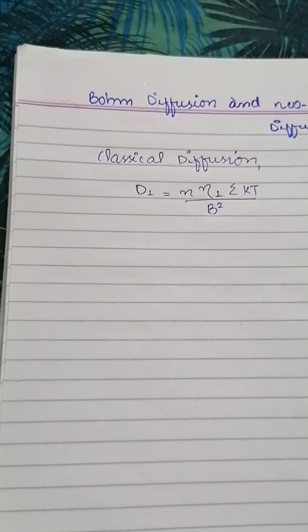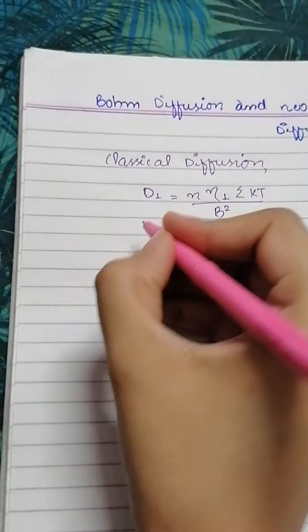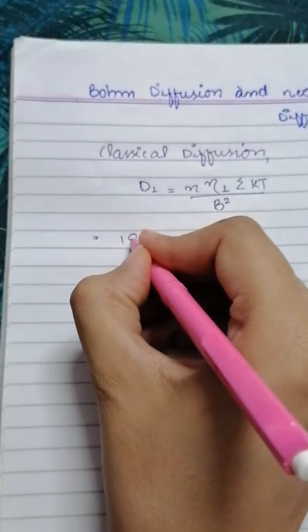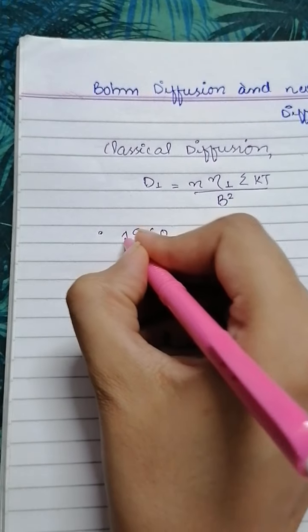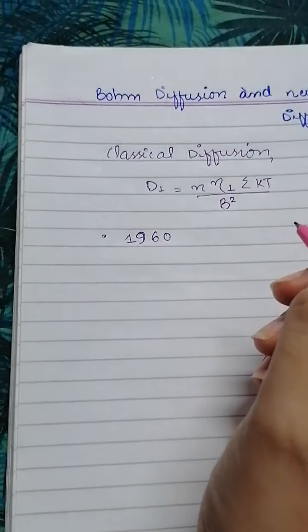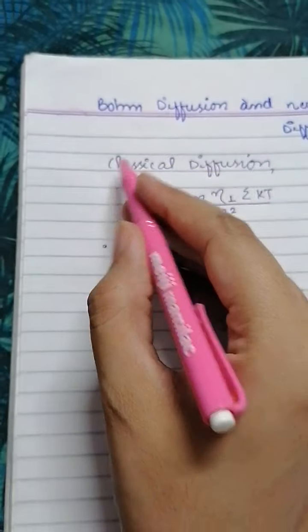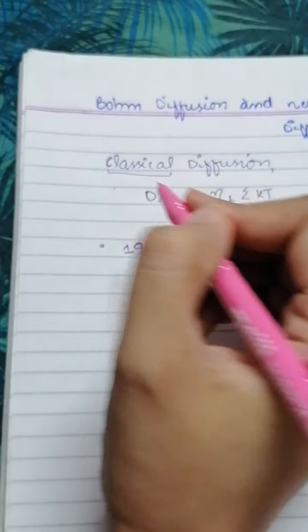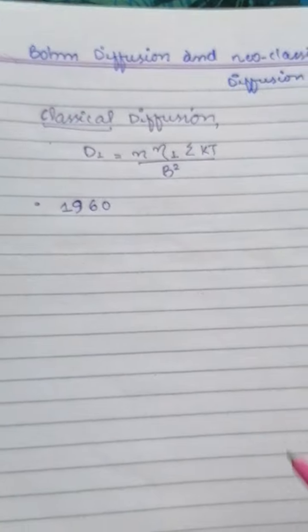It was the diffusion which was used before 1960. From classical, you all know very well, classical means the work done before the 1960s.